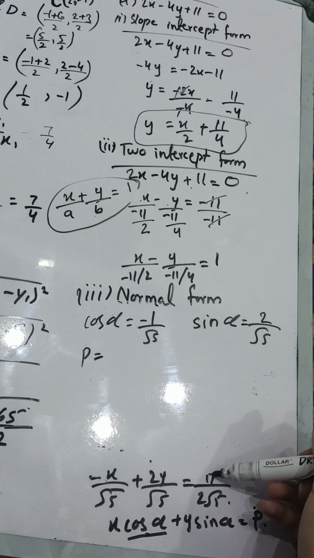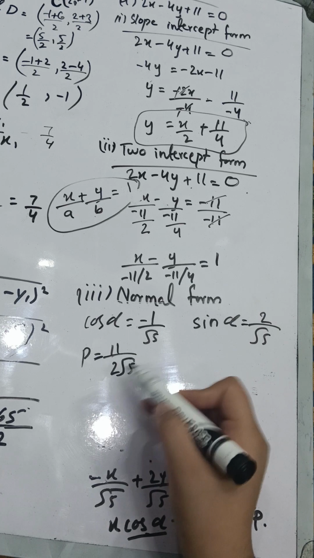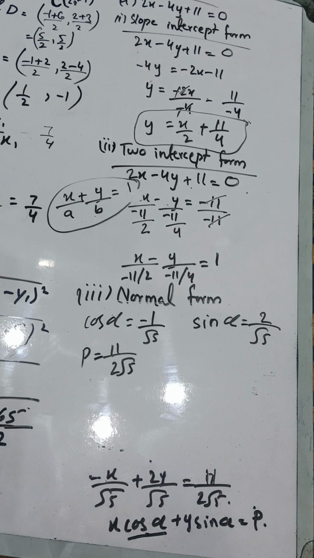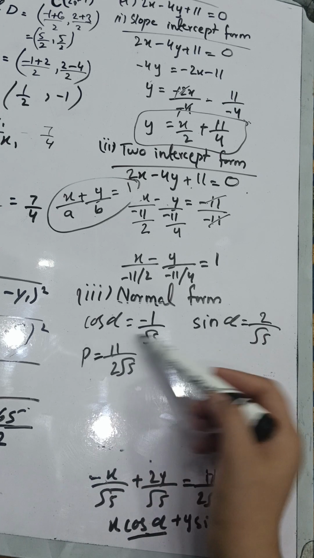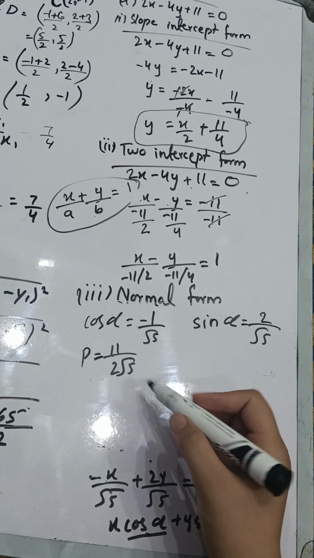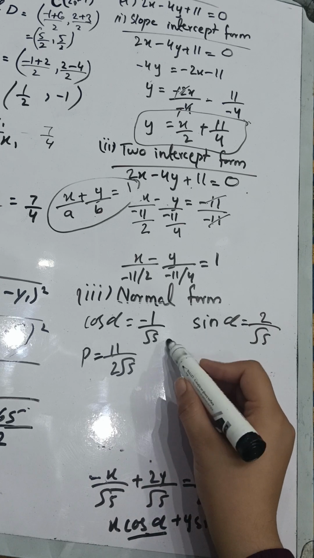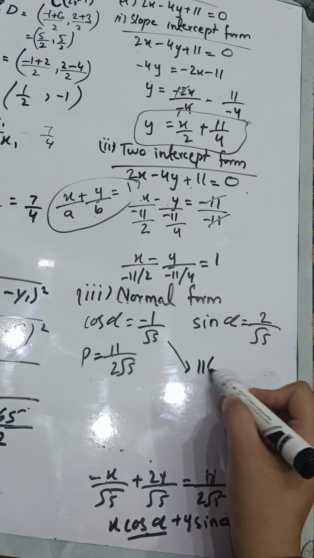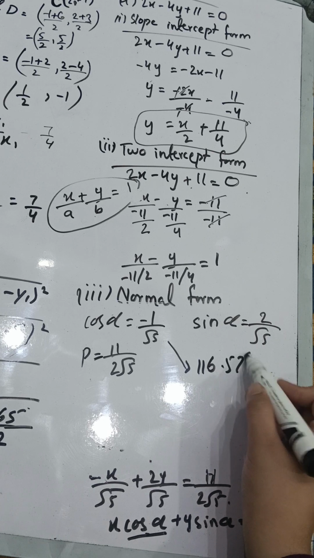So now the p value will be equal to this 11 over 2√5. Now what you have to do, you have to find the cos alpha, so you put this value into the calculator and you will get the value of this, and it is equal to 116.57 degrees.